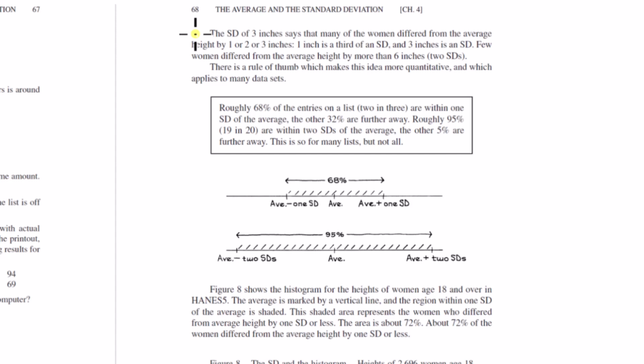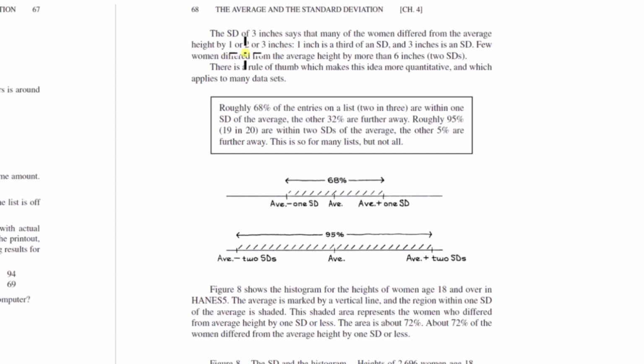Well, we just talked about the standard deviation being a measure of how much the data is spread out around the average value. So now we look at the standard deviation of 3 inches. So the data is spread out 3 inches. What does that mean? One way to look at it is the standard deviation of 3 inches says that many of the women differed from the average height by 1 or 2 or 3 inches.